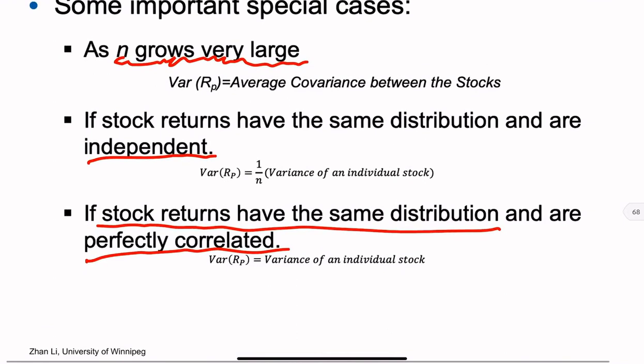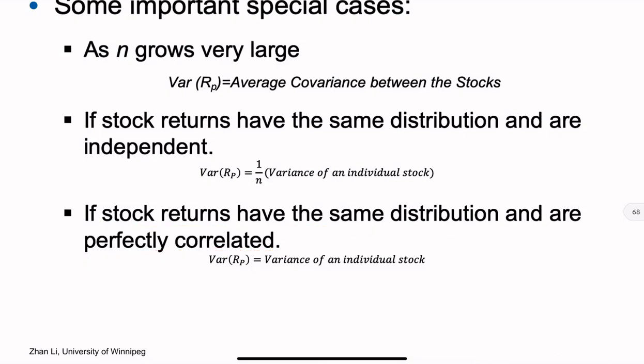Okay, let me repeat these results and see what kind of understanding we can get from these three special cases. For the first case, it tells you that if your portfolio is fairly large, then how the stocks within this portfolio are related is very important, because the variance of your portfolio's return depends only on the average covariance.